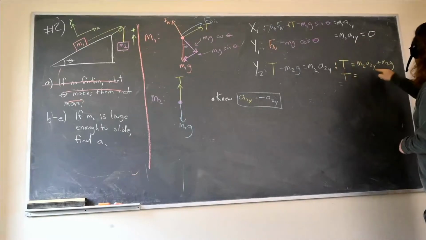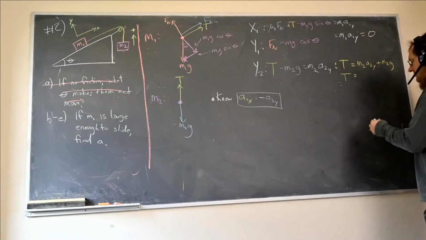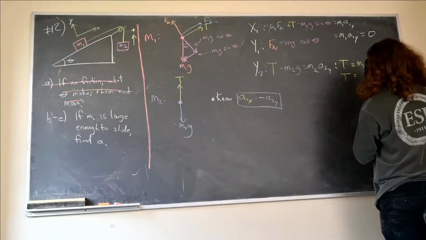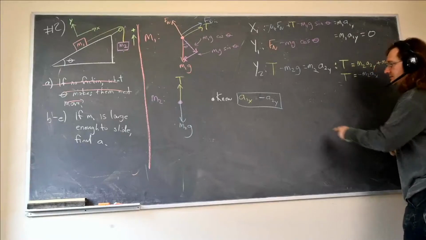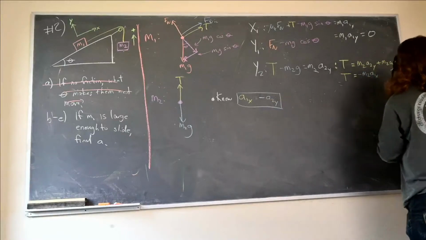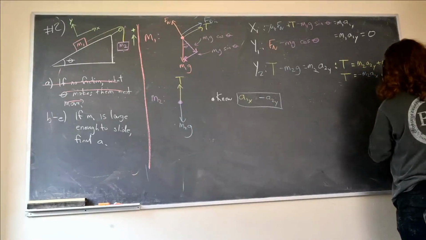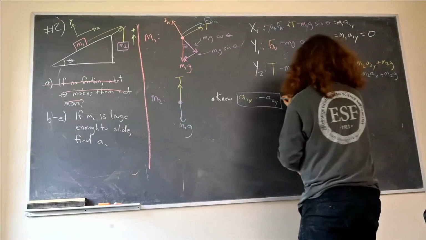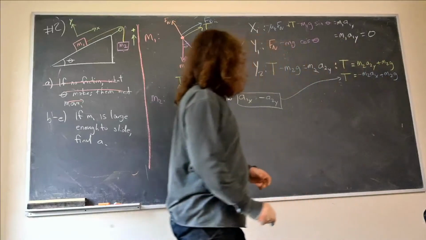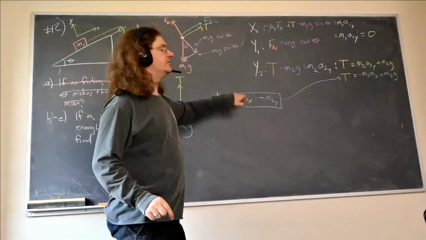But now I'm going to substitute. T is equal to minus m2a1x, I made this substitution here, plus m2g. All right, I used that to get my tension now in terms of the other acceleration.